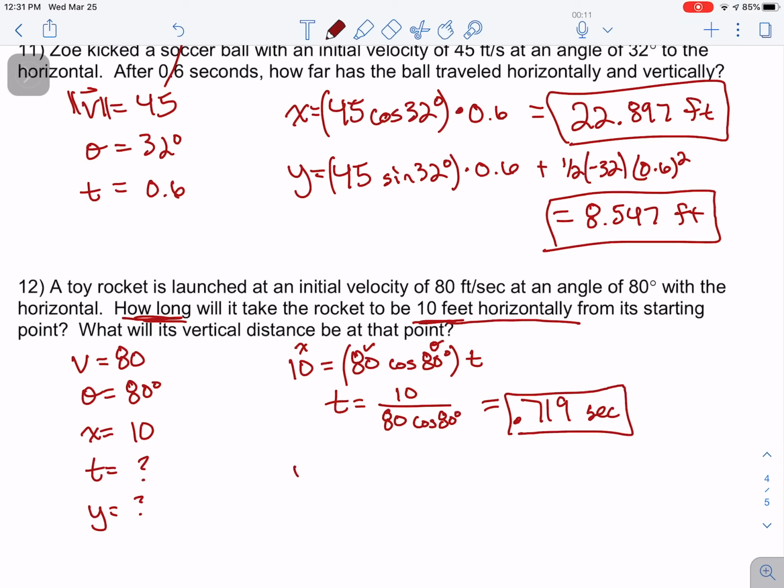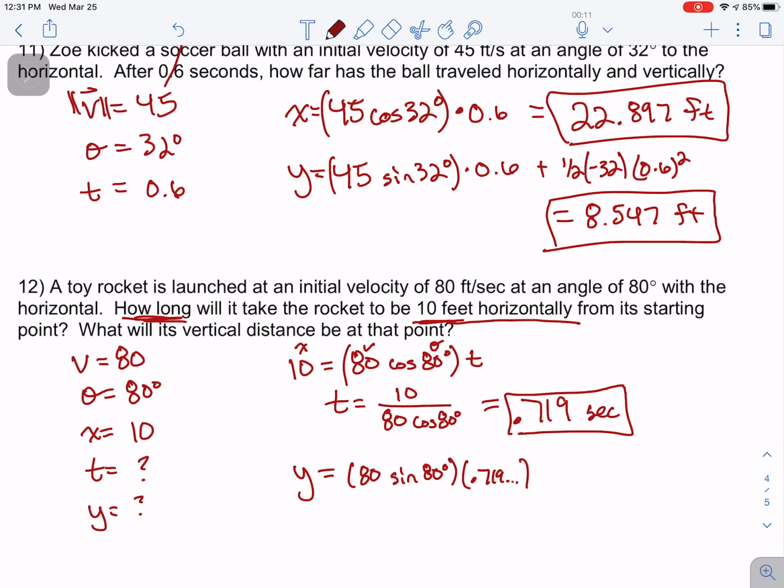Okay, so that's my t value. Now ask me for my y value. So for my y value, I'm going to type this in. I'm going to get 80 times sine of 80 degrees times the time, which is going to be 0.719... Now, if you're not a student of mine, you probably don't know what that little ellipsis means.